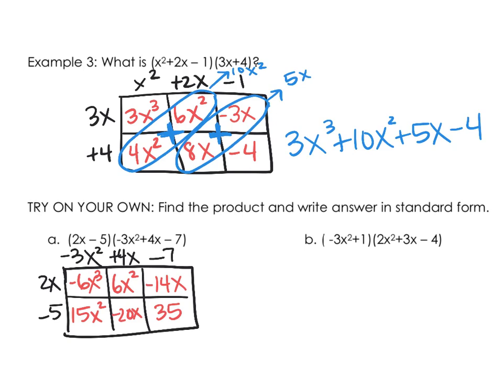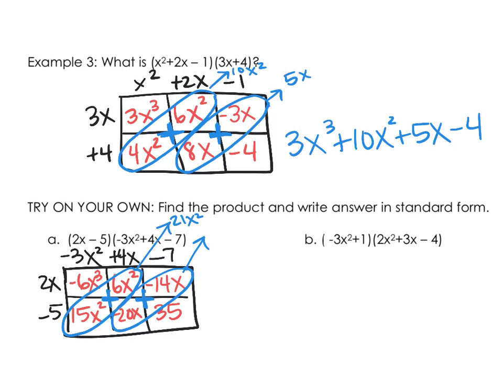So again, I need to combine my like terms, which look like they're on the diagonals again. So 15x squared is going to go with a positive 6x squared. And negative 20x is going to go with a negative 14x. So this one, I'm going to move all the way up here just so I have space. 15 plus a 6 is going to give me 21x squared.